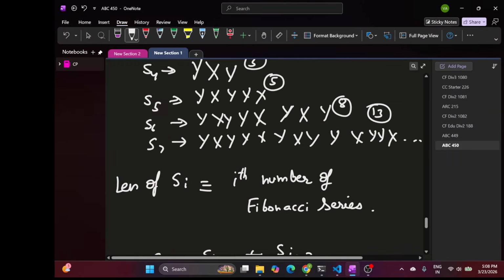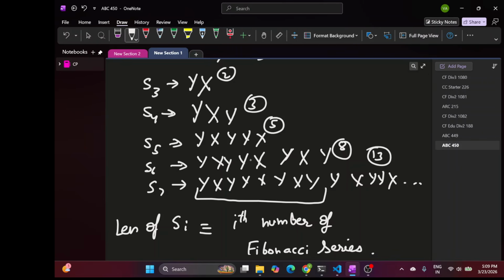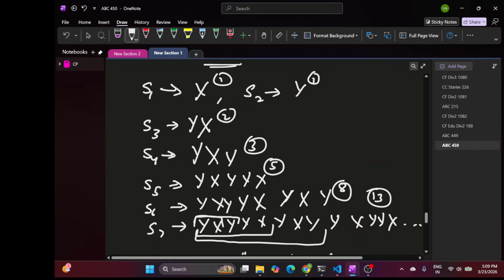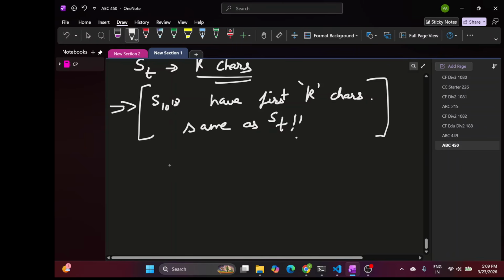And we can actually notice it in the sequence as well, right? These eight characters are basically S6, right? And now if we see the first five characters, this is S5. If we see the first three characters, these represent S4. Similarly, the first two characters represent S3, right? And the first character represents S2, right? So we can see that this prefix property always holds.